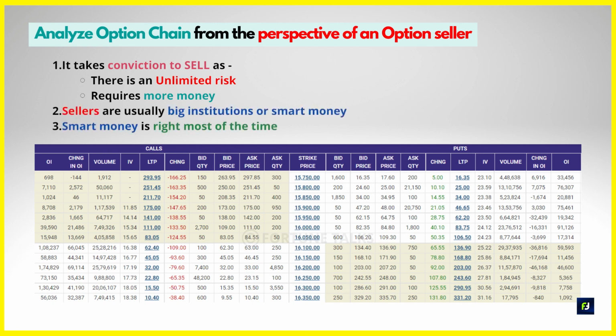Secondly, sellers are usually someone with bulk amounts of money, like big institutions or smart money, and option buyers are usually retail traders, as it is convenient to do option buying with less capital. So in short, going by the idea that institutions are usually right, we view data from the perspective of an institution. With that idea in mind, let us focus on open interest.